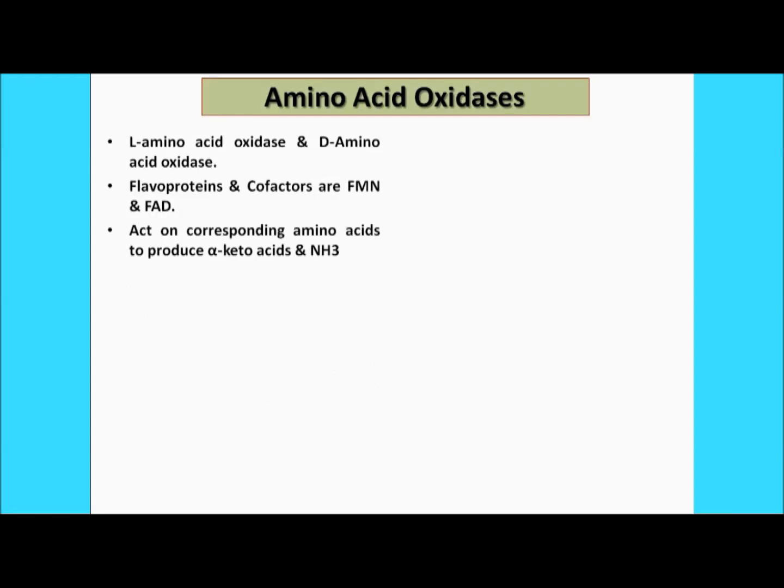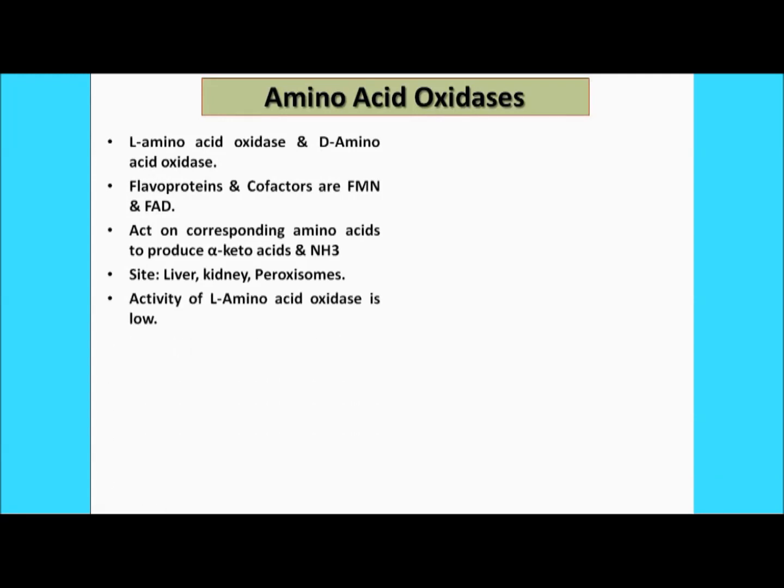These enzymes act on the corresponding amino acid to produce the alpha keto acid and ammonia, right? Now where is the site? It is the liver, kidney and peroxisome. So these are the sites for the production.